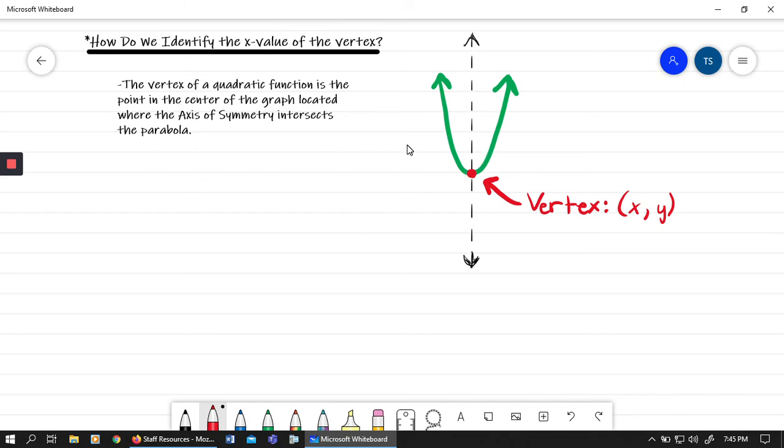So, guys, since this vertex and that axis of symmetry have the exact same x value, the same exact thing that you use to calculate the equation of the axis of symmetry is the same thing that you're going to use to calculate the x value of the vertex.